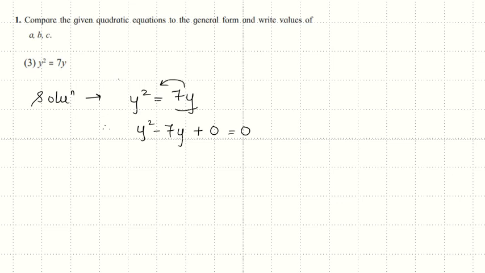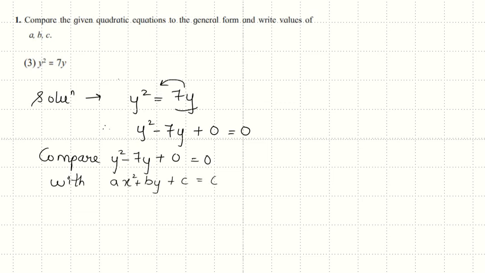So let's compare this equation, y square minus 7y plus 0 is equal to 0, with ax square plus bx plus c is equal to 0.